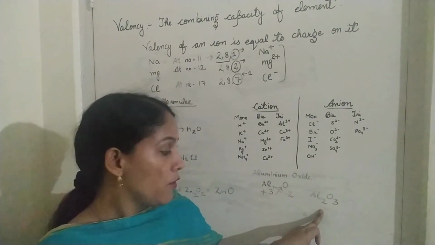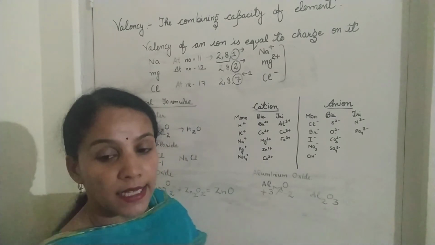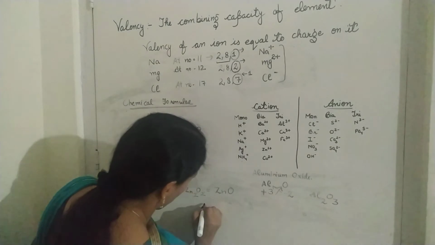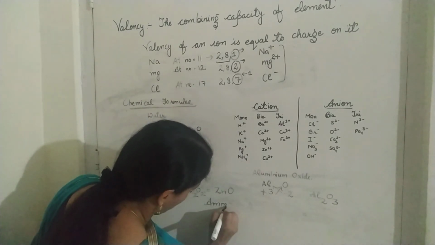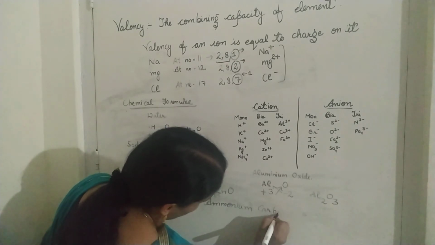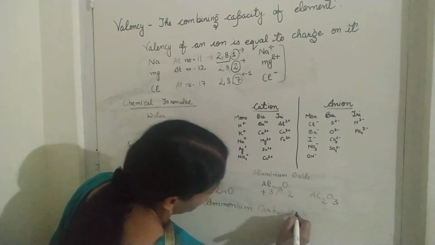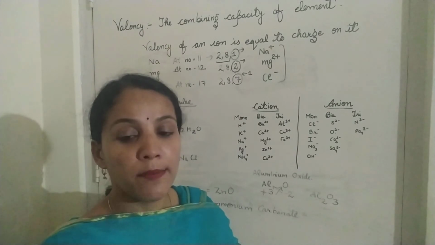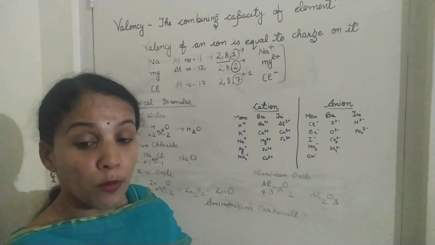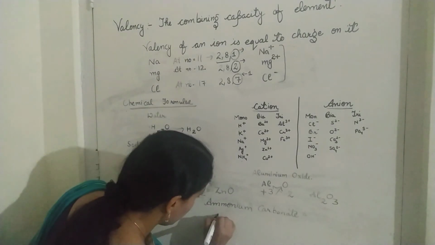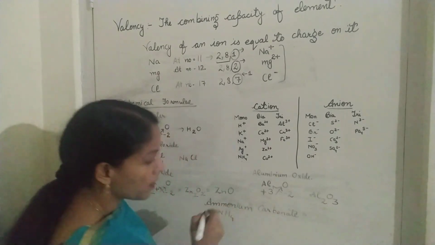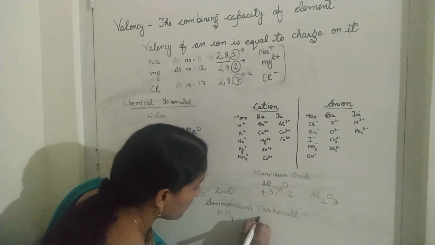Now we are taking one more example, that is ammonium carbonate. To understand this, which two parts are there? One is ammonium and second is carbonate. For ammonium you have to write NH4, and for carbonate CO3.